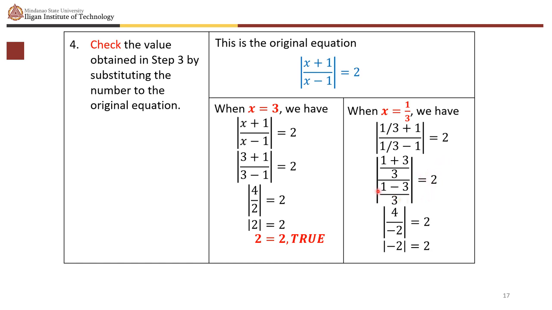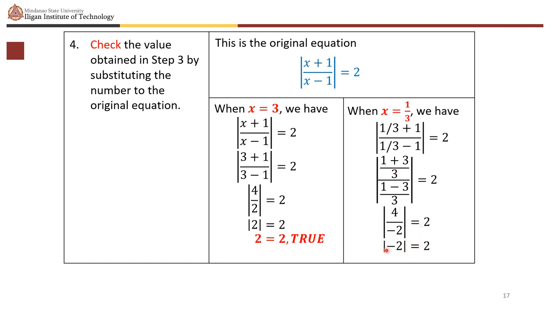On the other side, this is 1 over 3 minus negative 1. So you will have 3 here as your LCD. And you have 1 minus 3. So meaning to say, you have 4 over 3, and you have negative 2 over 3. But that can be simplified into 4 over negative 2, because your 3 over 3 there cancels out.